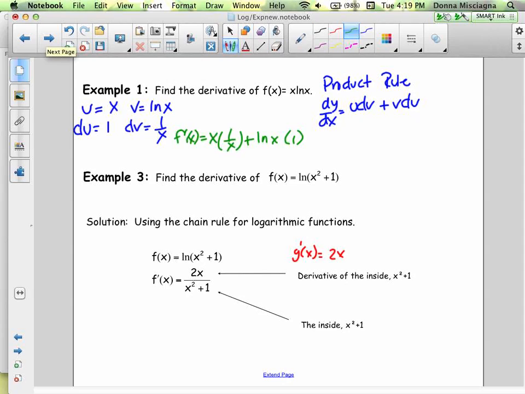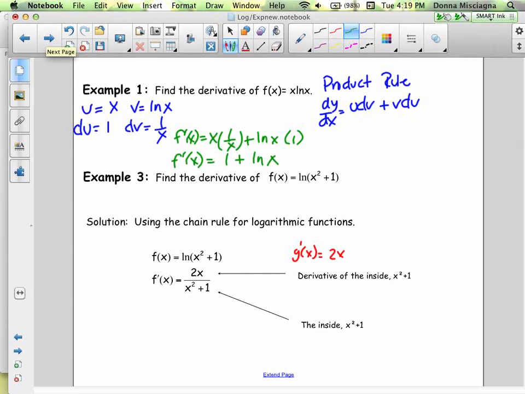All right, so that's going to give us, well, they're going to cancel each other out, so that's just going to be 1. So we have f prime of x equals 1 plus the natural log of x. All right, so there's our derivative. And that's all we needed to do. So that was pretty easy.